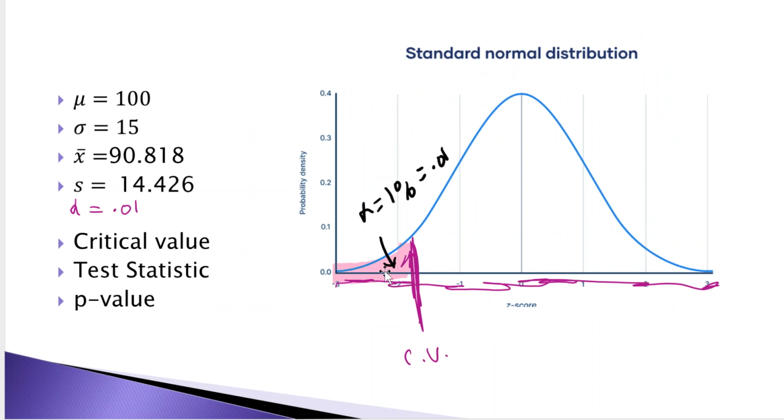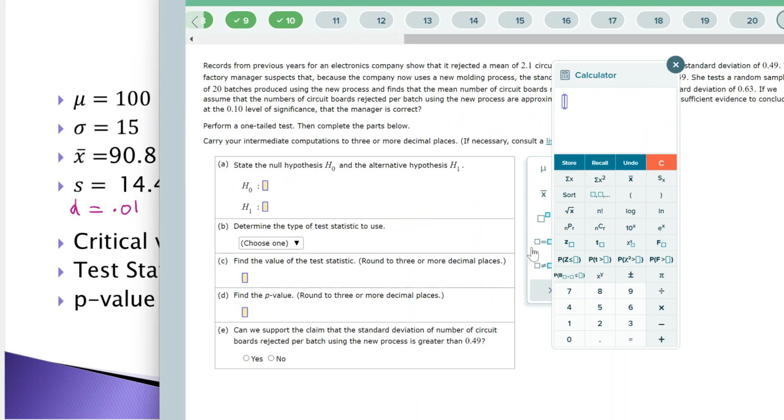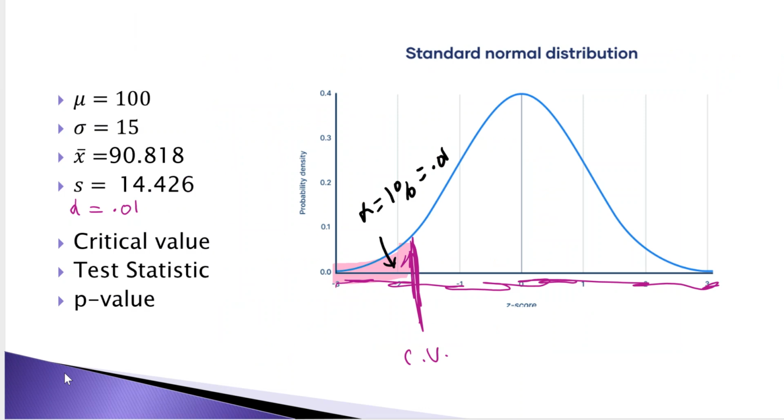That means I need to find the z-value that separates the bottom 1% from the top 99%. Because I want a z-value, I'm going to come to this command, and I'm separating the bottom 1% from the top 99%, so I'm entering my 99, and the z-value is negative 2.326. That's my critical value. So that's how I'm going to find that.